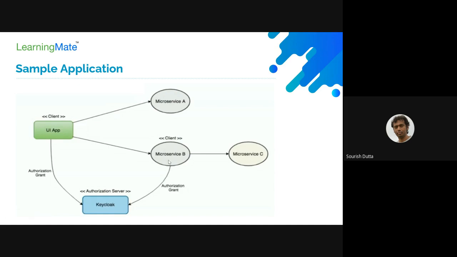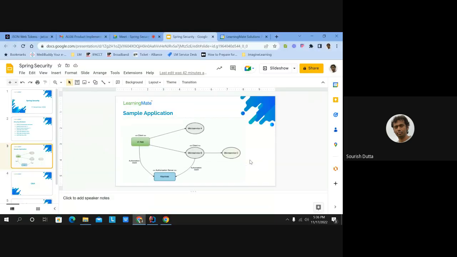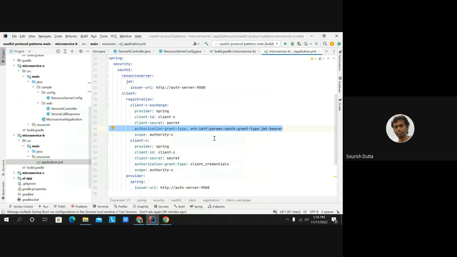It's simply going to pass on the same JWT token to microservice C. It's not going to get a new JWT token. The scope, secret, etc. remain the same. Only one thing changes, the authorization grant type.